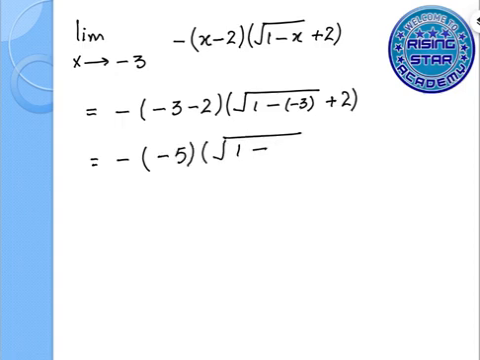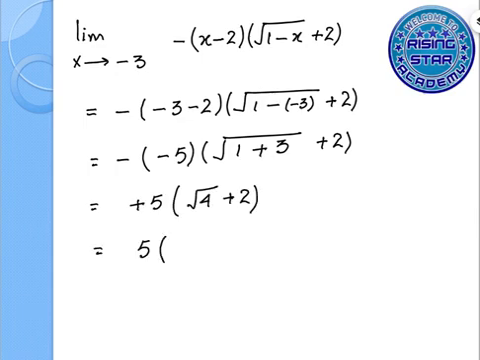Negative times negative will become positive, and that would become 5 times (1 + √4)... so the square root of 4 would become 2, plus 2. So 5 times 4, the answer will become 20 in that case.